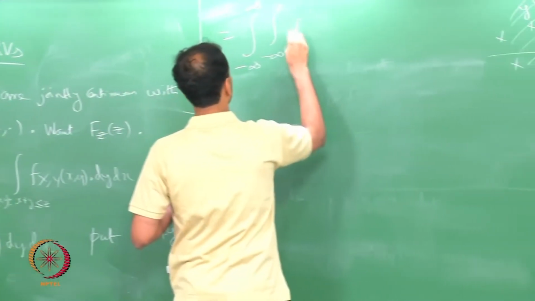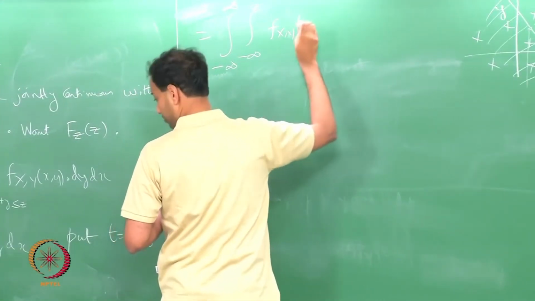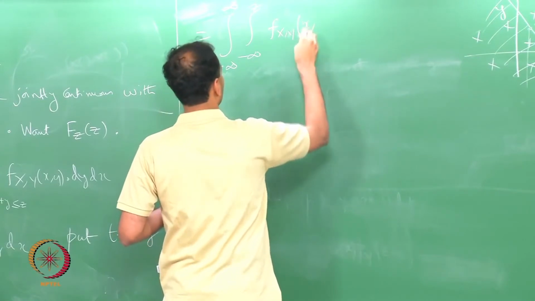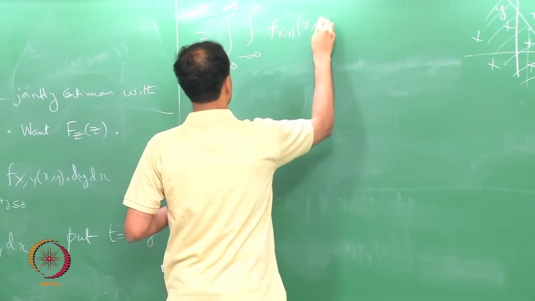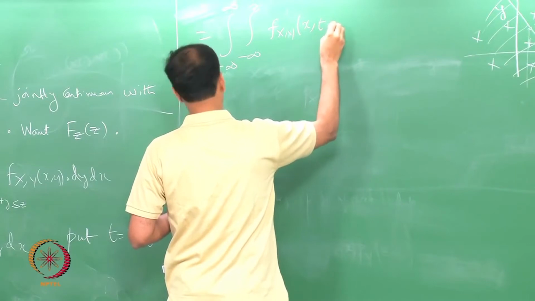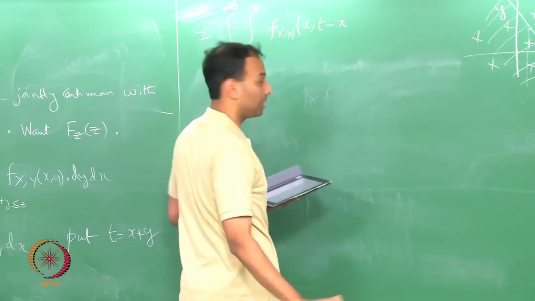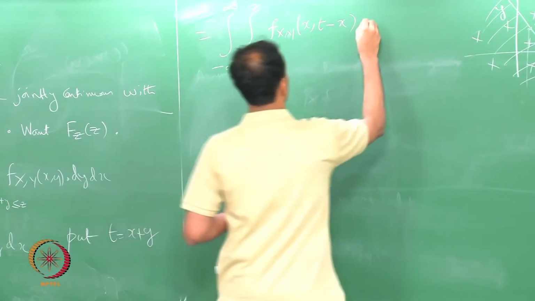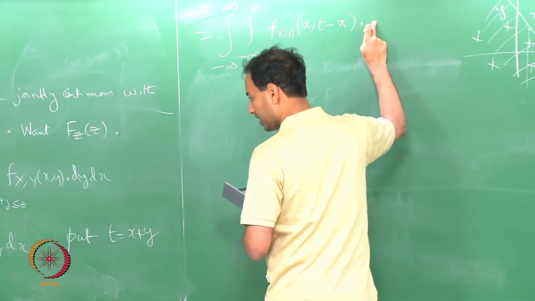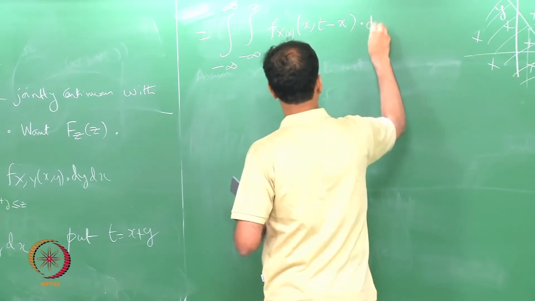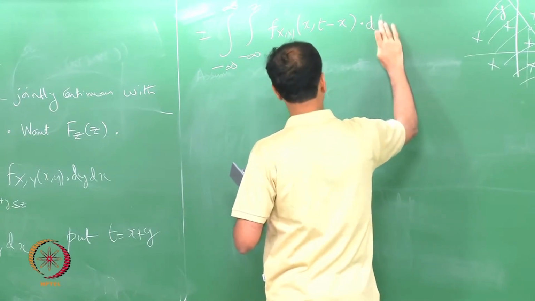So I will have f x comma y of x comma t minus x, and dy is simply dt now. So I will have dt dx.